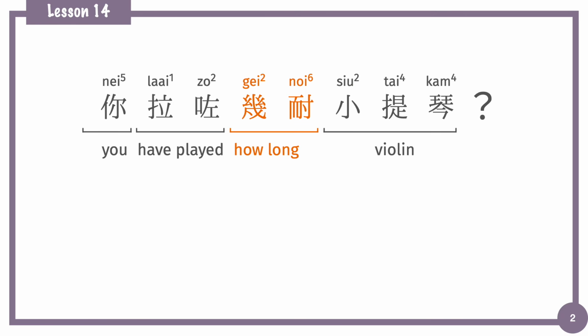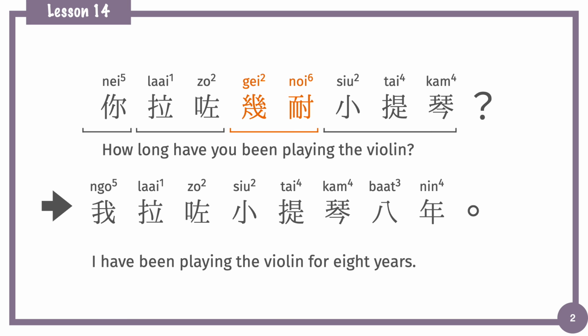For this sentence, we have 你, you, 拉咗, have played, 幾耐, how long, 小提琴, violin. 你拉咗幾耐小提琴 means how long have you been playing violin? The answer can be 我拉咗小提琴8年. I have been playing the violin for 8 years.